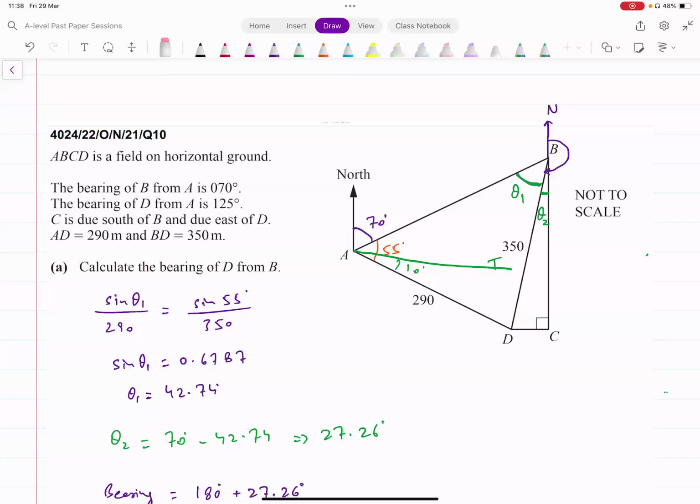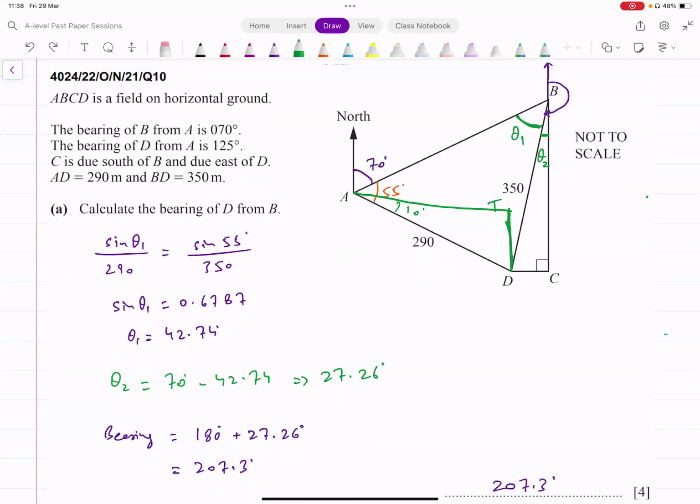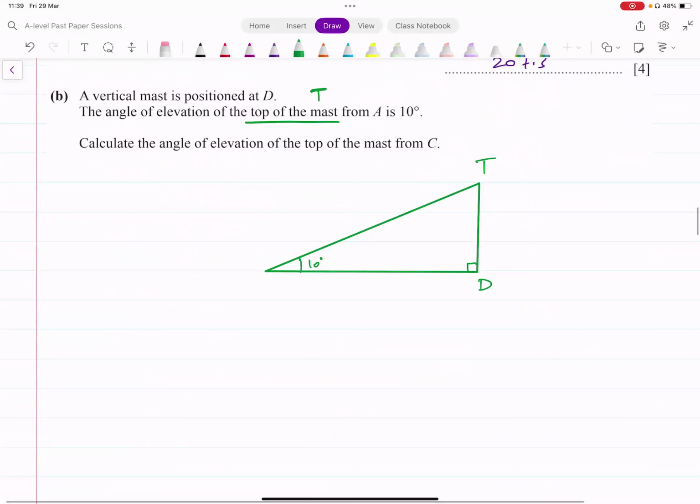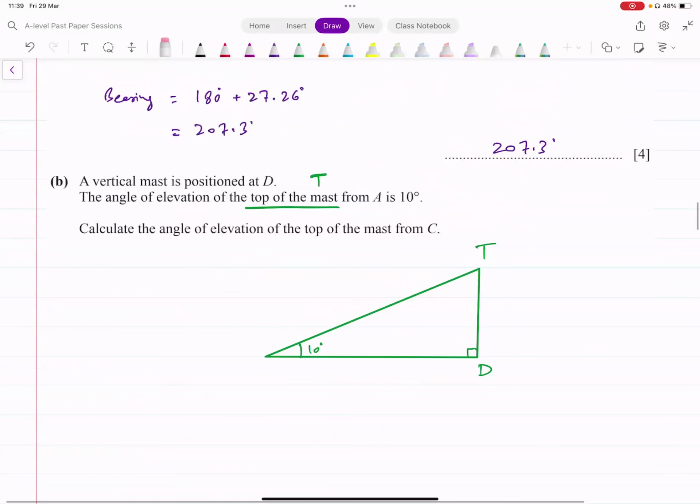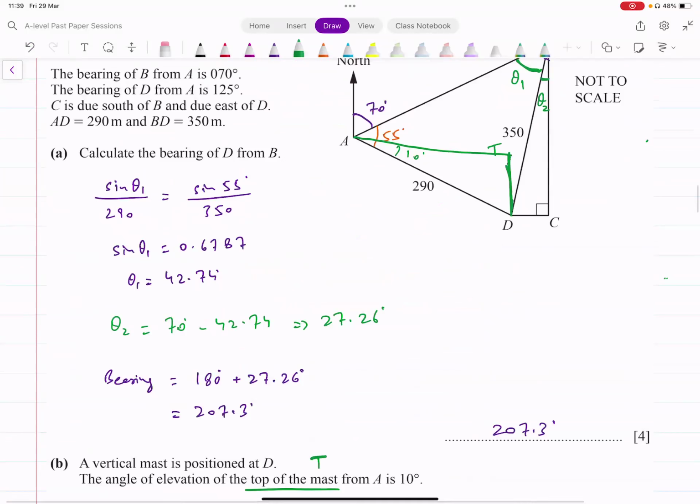So for that reason, I could also draw another triangle like this, DTC. Since we're looking for the angle of elevation from C, we can draw another triangle like this. This would also be a right angle triangle because all the angles at the point D are going to be 90 degrees.